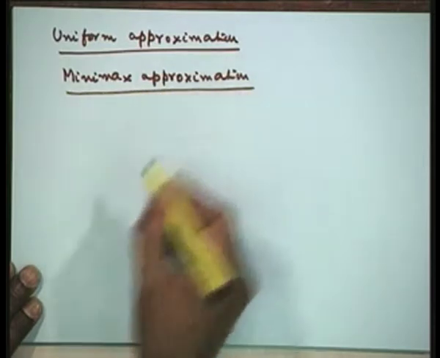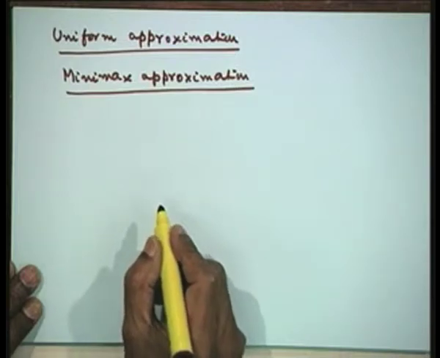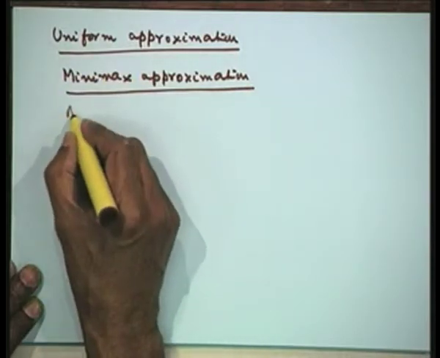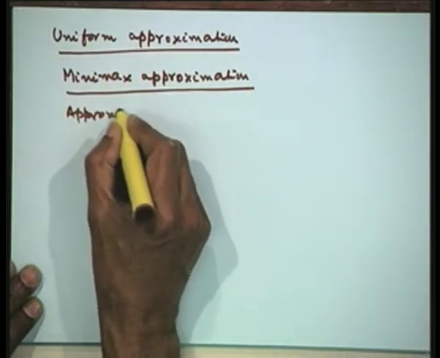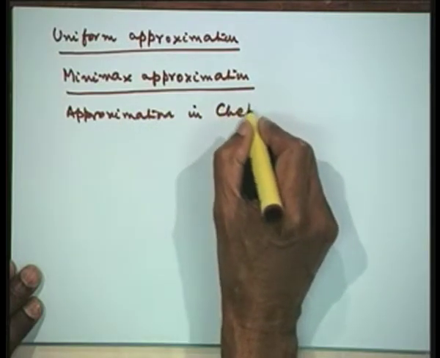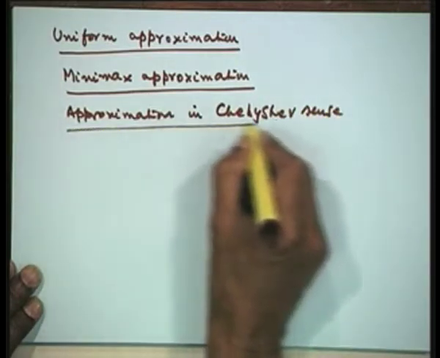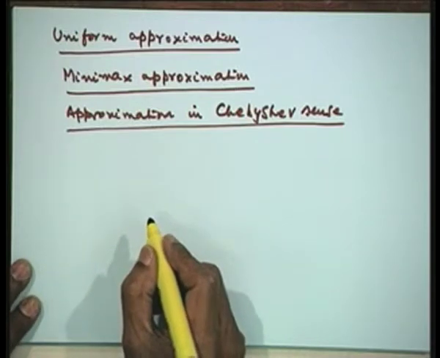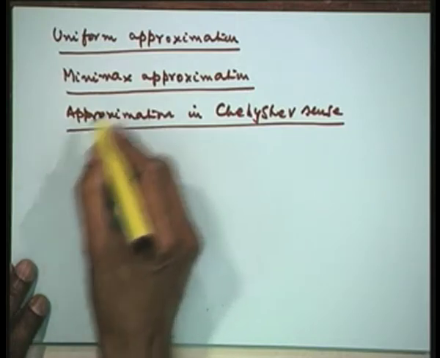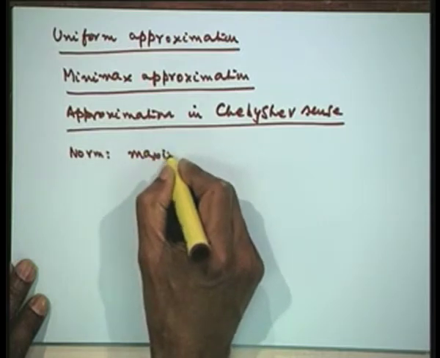It is also sometimes called approximation in the Chebyshev sense. Why it is so, we will just say it. Here the norm that we are using is the maximum norm.